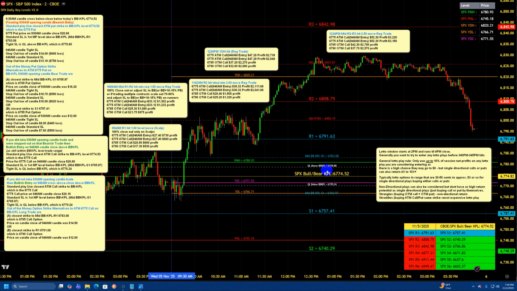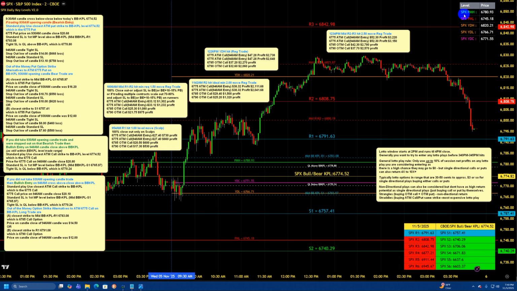Also, these two QL levels, the QL above the BBKPL and the QL below the BBKPL, are also turned on by default. The other midpoint levels that you see here were turned on manually and enabled by us after the session started, mainly because of the direction of the trading that was occurring as the session progressed.